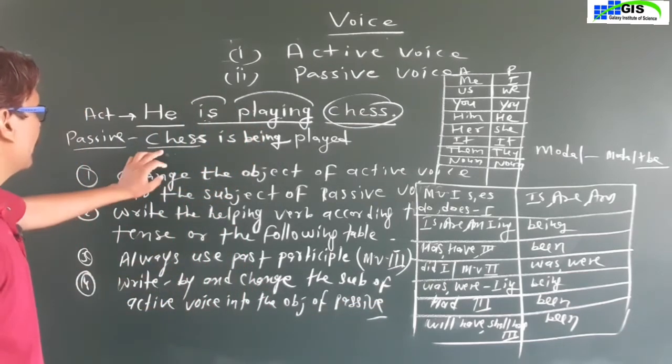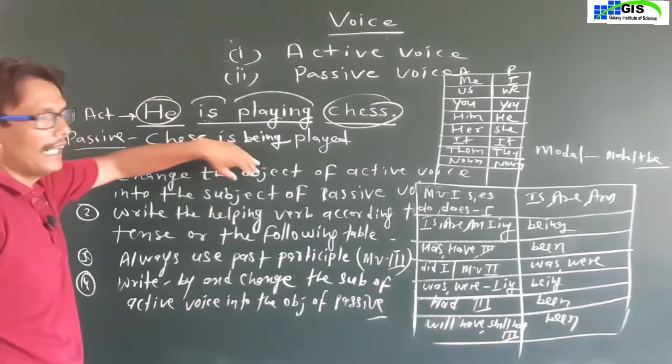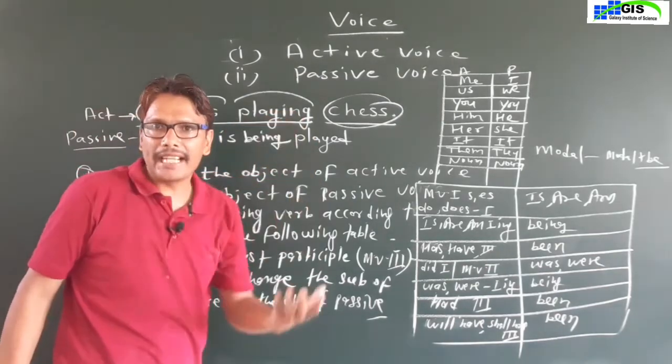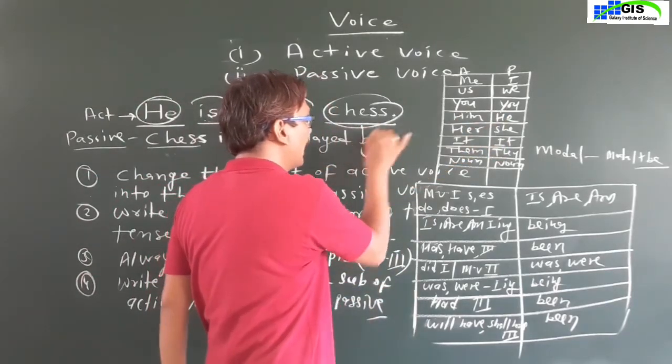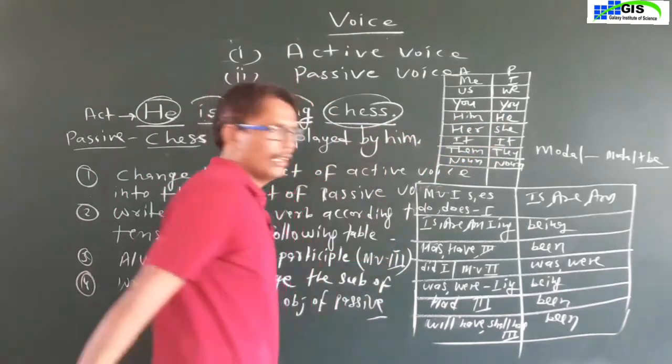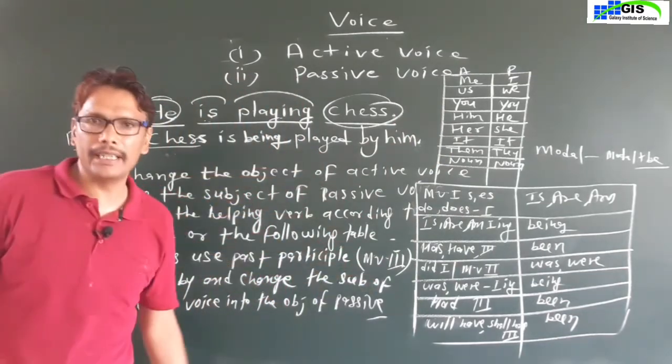Means here the subject of active is he. You will write the object of he. What is the object of he? Him. You will write by and him. Apply the full stop. Means to say chess is being played by him.